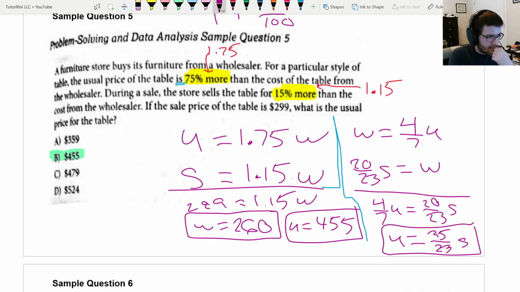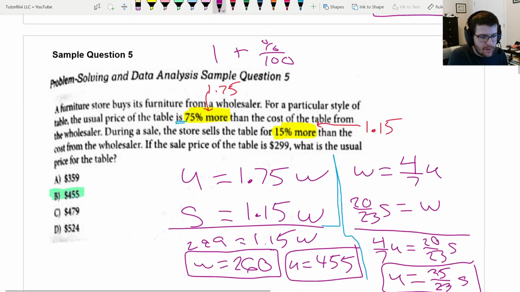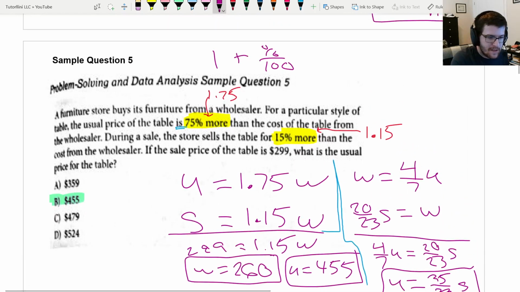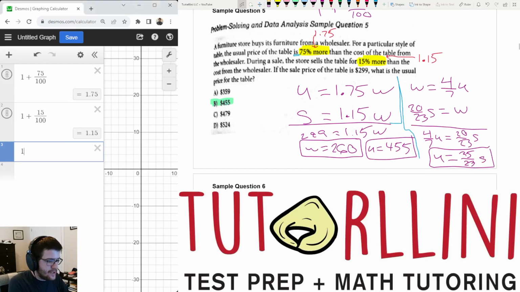And maybe a question they'd ask you is, what percent greater is the usual price than the sales price? And we could go over here and do 100, take away 1 from the percent multiplier. I talk about this in the percents video. What was it, 35 over 23? And then multiply it by 100. So you see the usual price is about 52% more than the sales price, and that seems to check out.